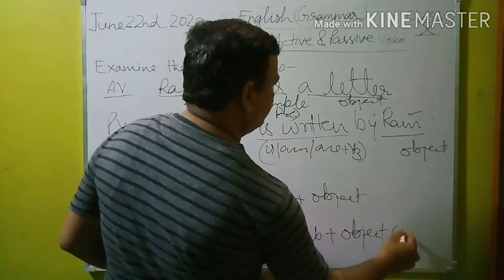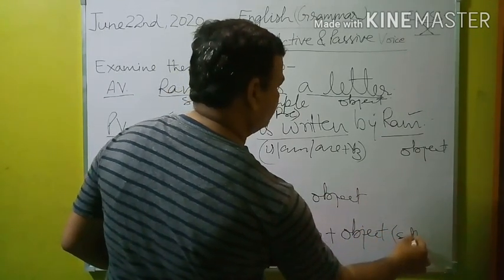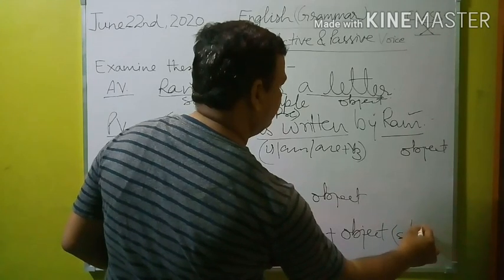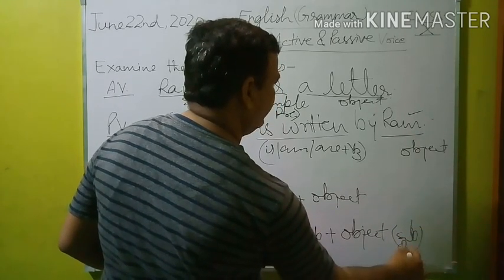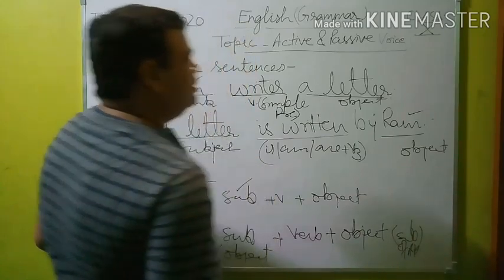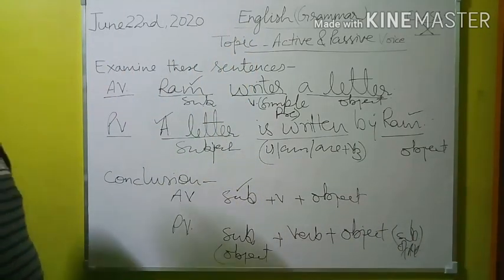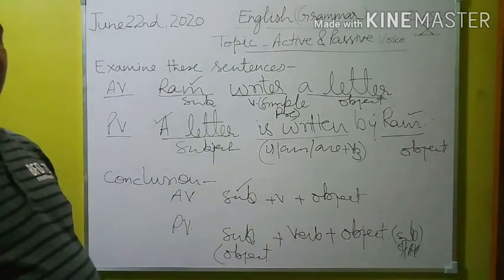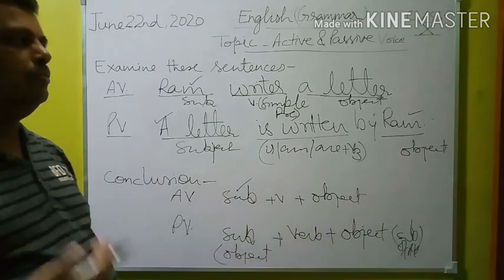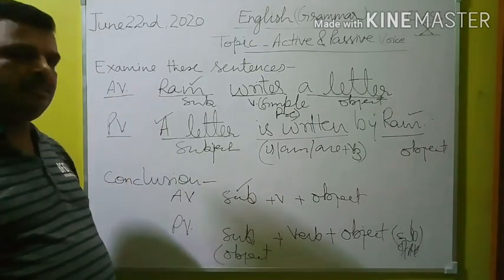So this is the main change that we notice. So it means, in order to emphasize or giving prominence to subject and object, we use active and passive voice respectively.